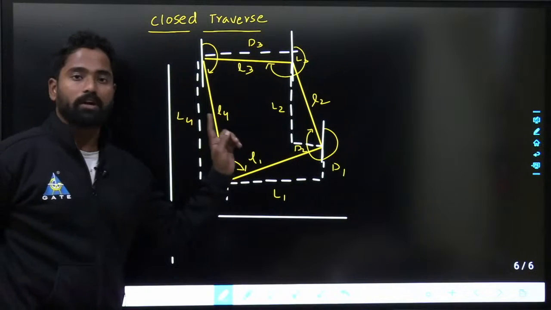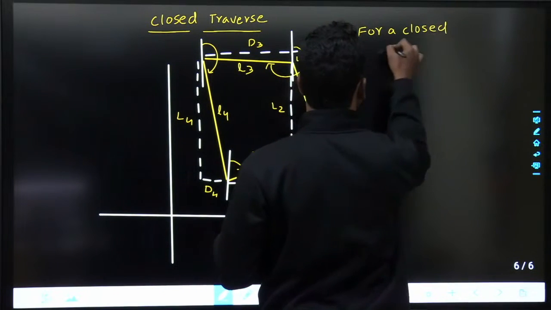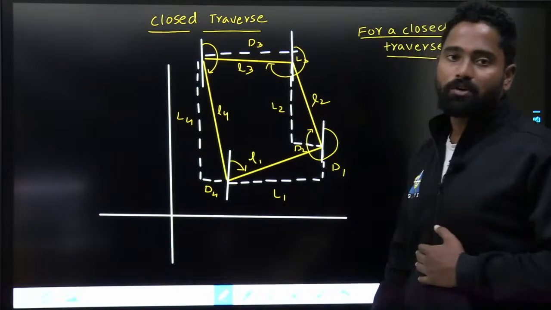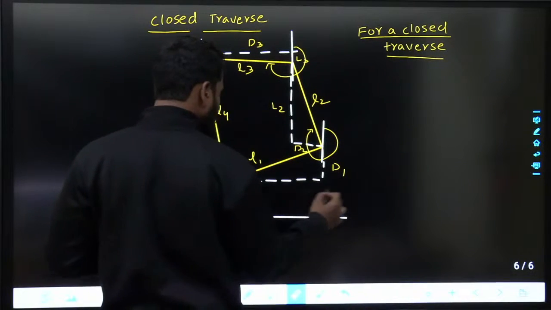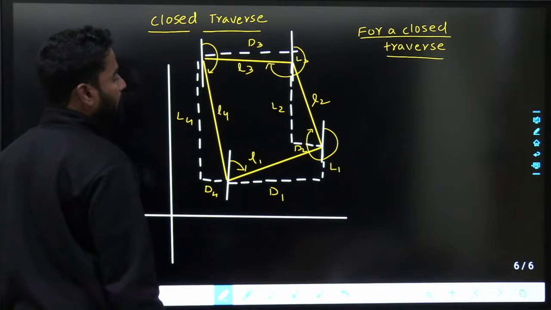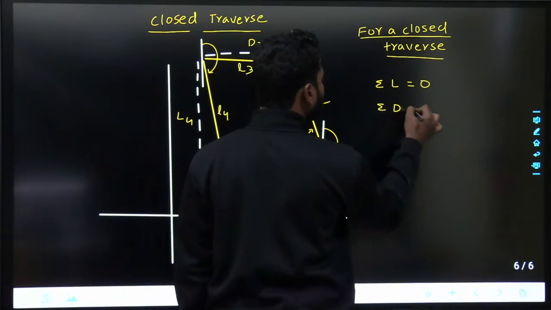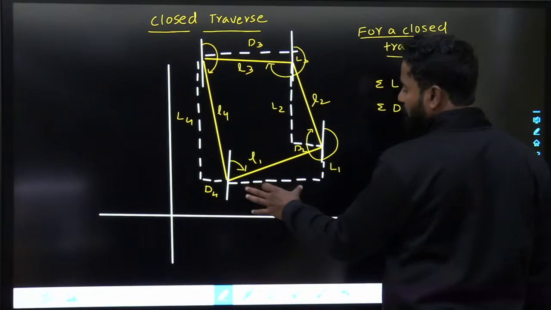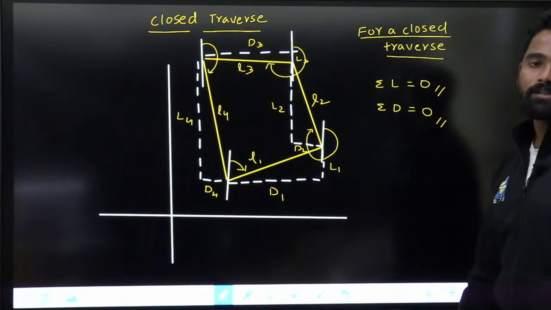Fine. For a closed traverse, what I can write is summation of latitudes equals 0 and summation of departures equals 0. If the traverse is closed, then D1, D2, D3, D4, if you add all of them, that will become 0.